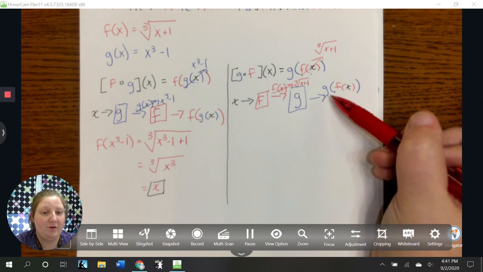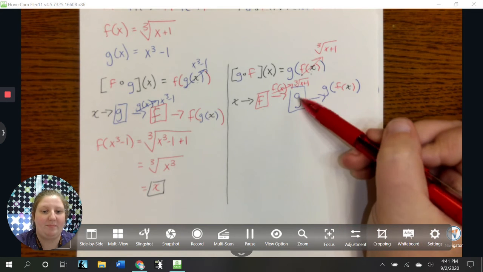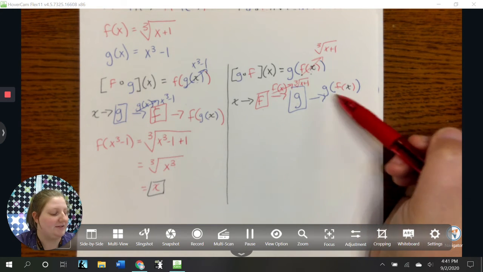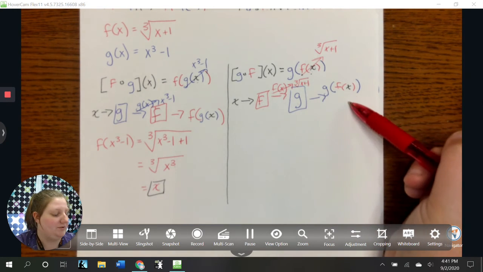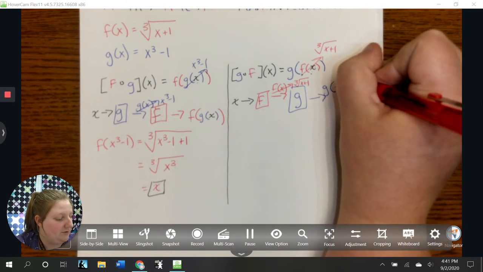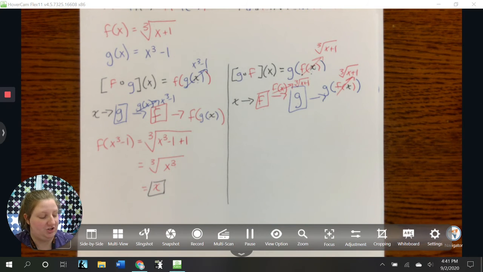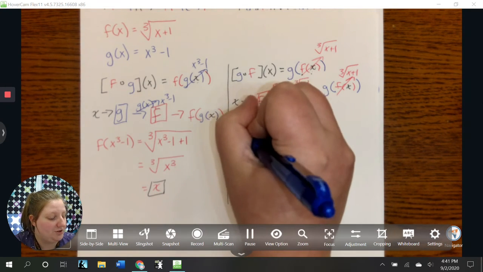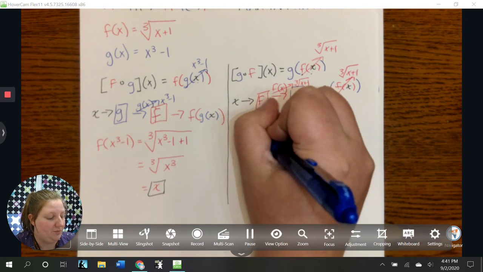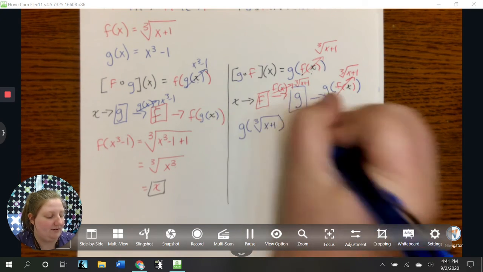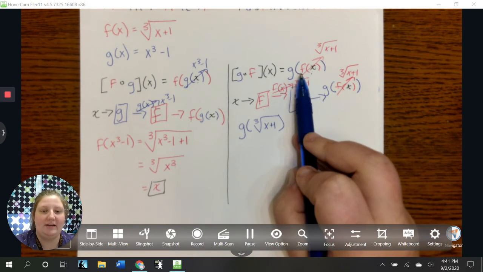So now when we plug it into g to do g of f of x, we're plugging in the cube root of x plus 1. So we're going to plug in the cube root of x plus 1 into our function g. So now we're doing g of the cube root of x plus 1. So this is the same as g of f of x.